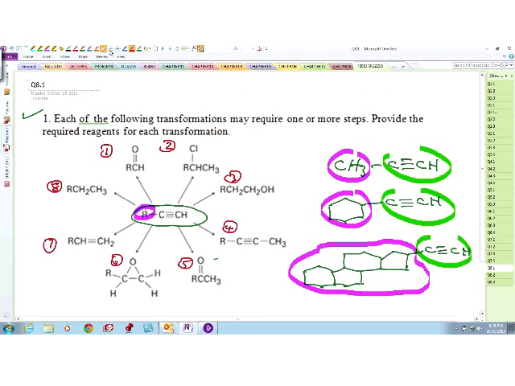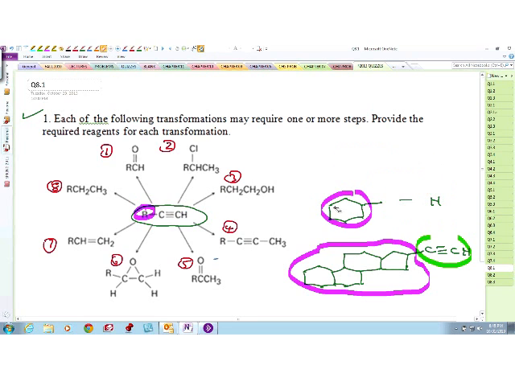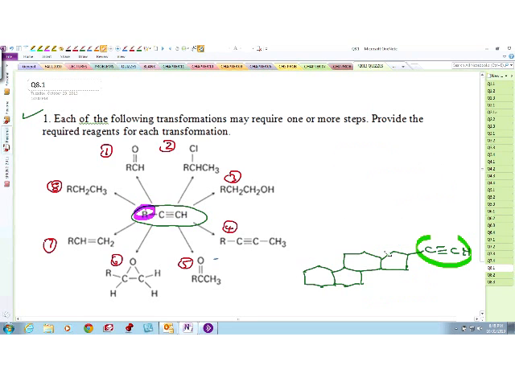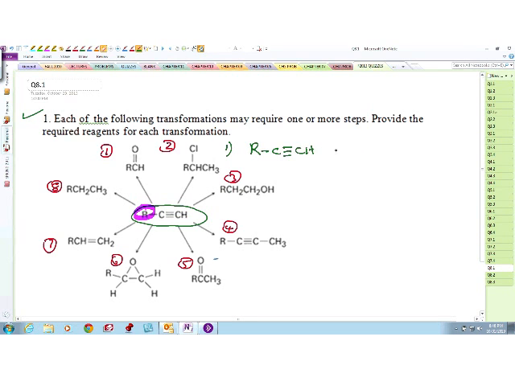Now, this is another case of knowing your reagent, but a little bit more than that; it also requires that you begin to think critically. In the first one, what do they want us to do? They want us to go from a carbon-carbon triple bond to an aldehyde.